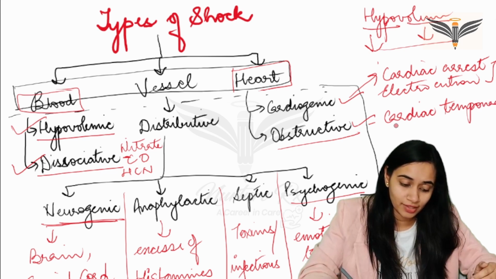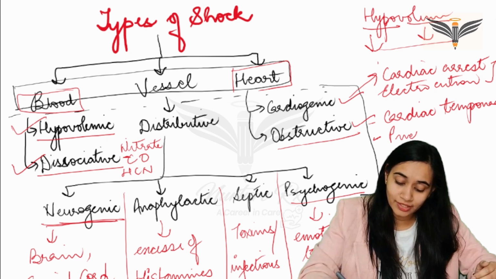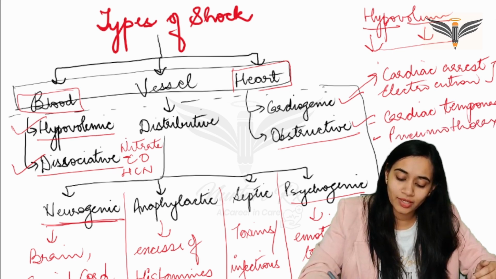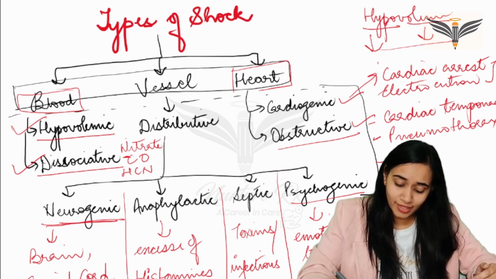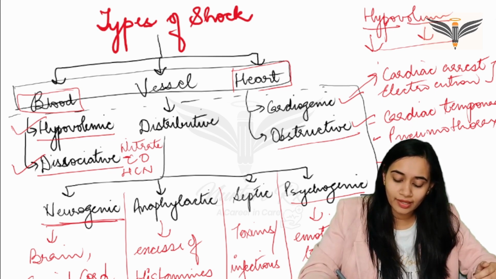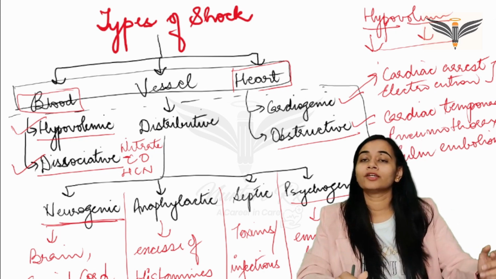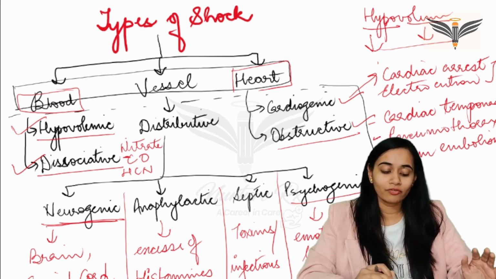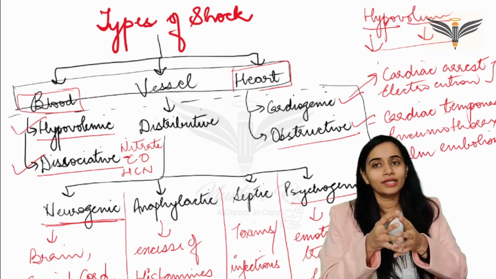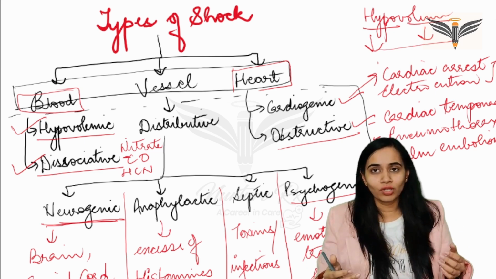Then your pneumothorax, if there is any tension pneumothorax, again there will be no space for expansion, and there is pulmonary embolism. So in all these conditions, your obstructive shock occurs. So now we know what the types of shock are. We roughly know the pathology of all these shocks.